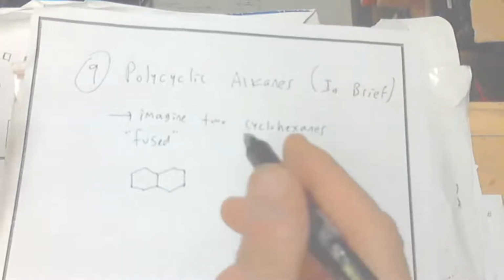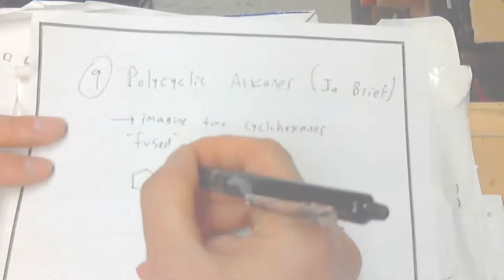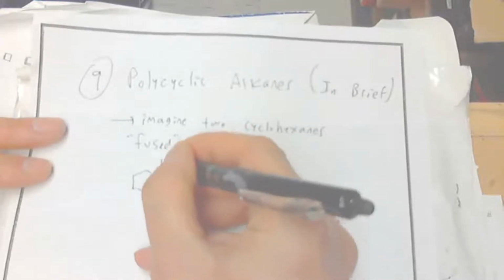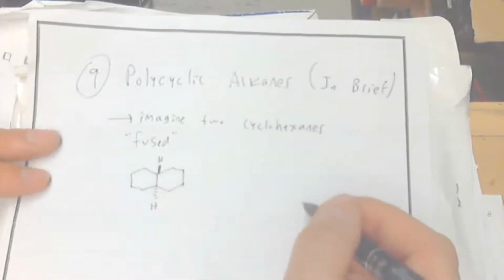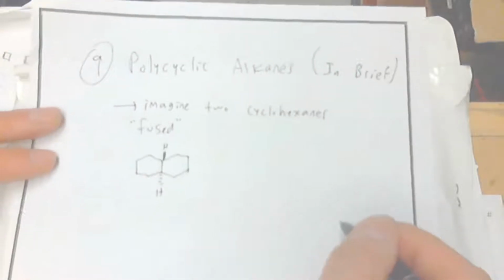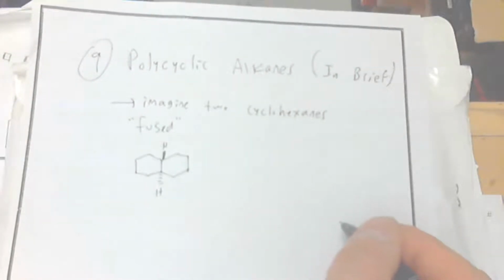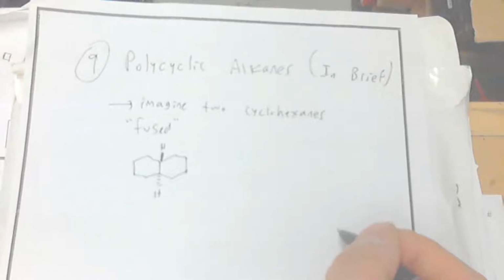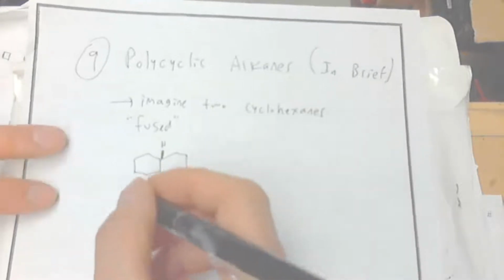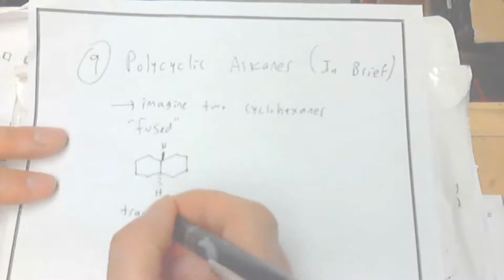And let's draw a little bit of the wedges and dashes of the 2 CHs. Okay, is that cis or trans? Chat it. Yeah, somebody said trans. It's totally trans, and there's actually a name for this.